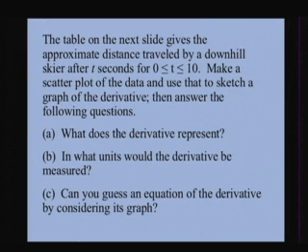Make a scatter plot of the data and use that to sketch the graph of the derivative. Then answer the following questions. A, what does the derivative represent? B, in what units would the derivative be measured? And then C, can you guess an equation of the derivative by just simply considering its graph?